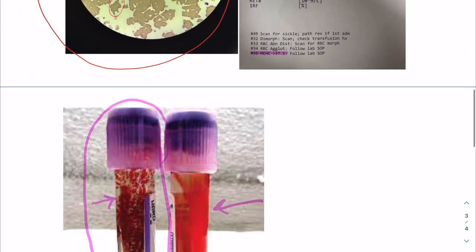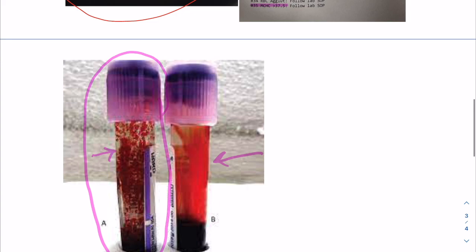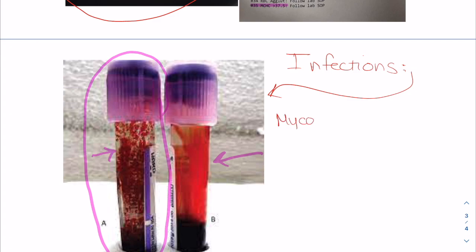Now we're going to scroll back down to here and look at this slide. What types of infections? There are several types of infections that are notorious for leading to this. And so this is where your Mycoplasma pneumoniae comes in.